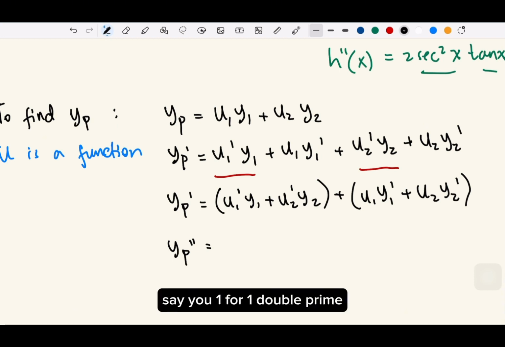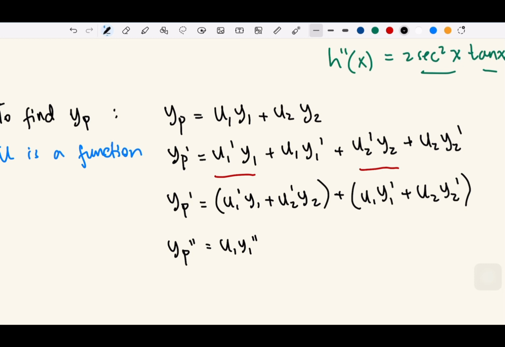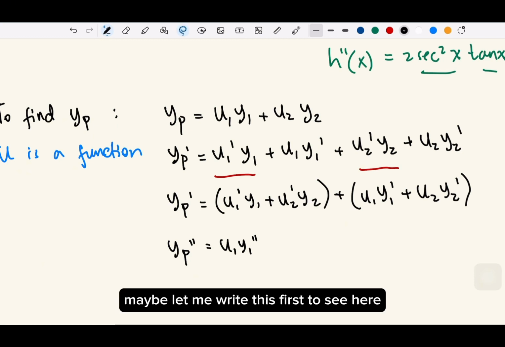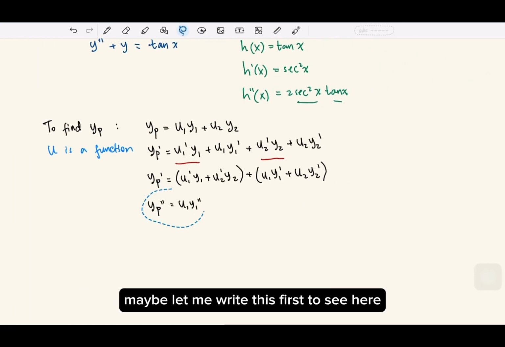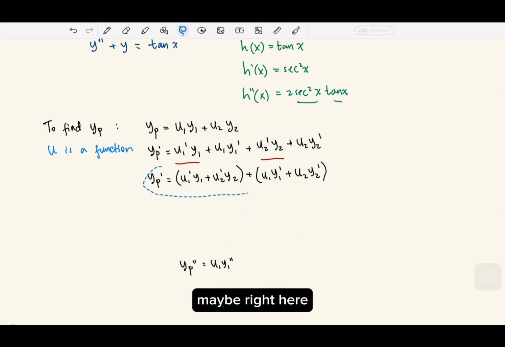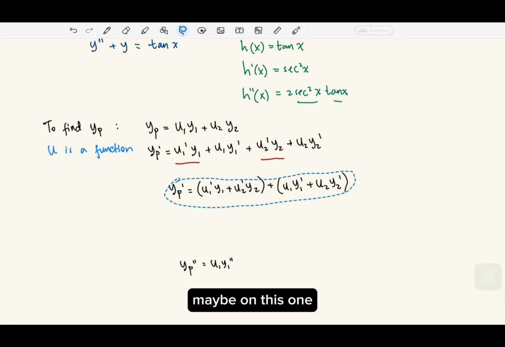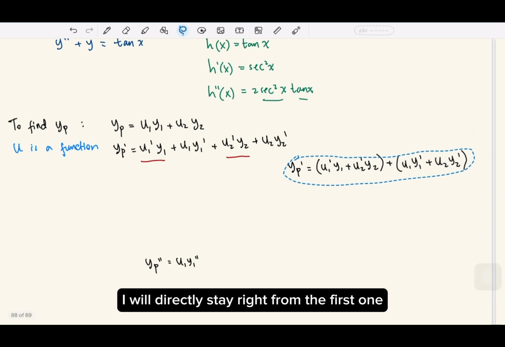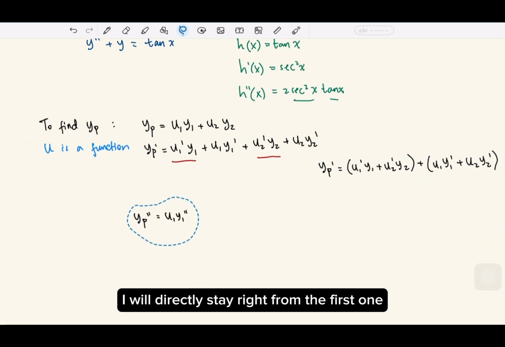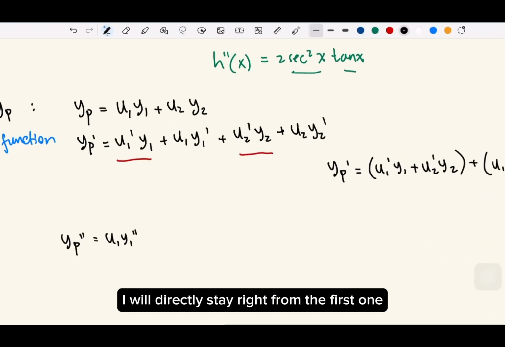Let me write this first to make it clear. Maybe on this one I will directly differentiate from the first one.